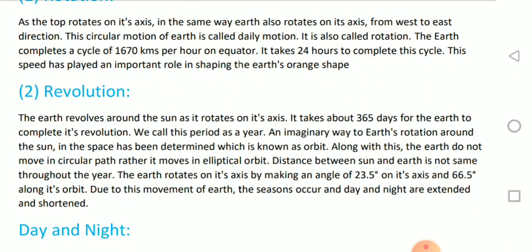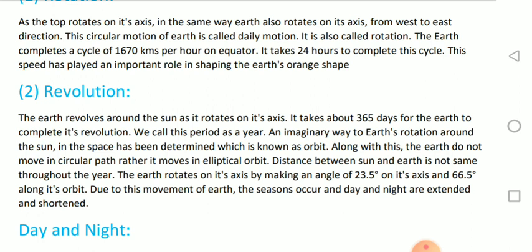Suppose you are asked in the exam, what is the orbit? So here you can write this definition. Along with this, the earth does not move in a circular path, rather it moves in an elliptical orbit.